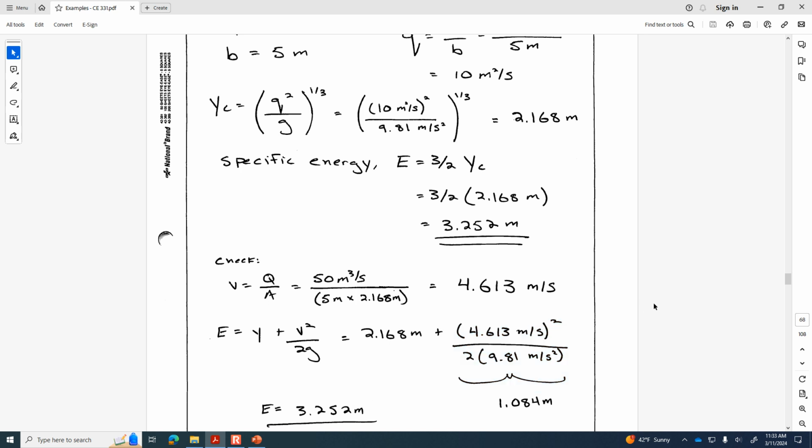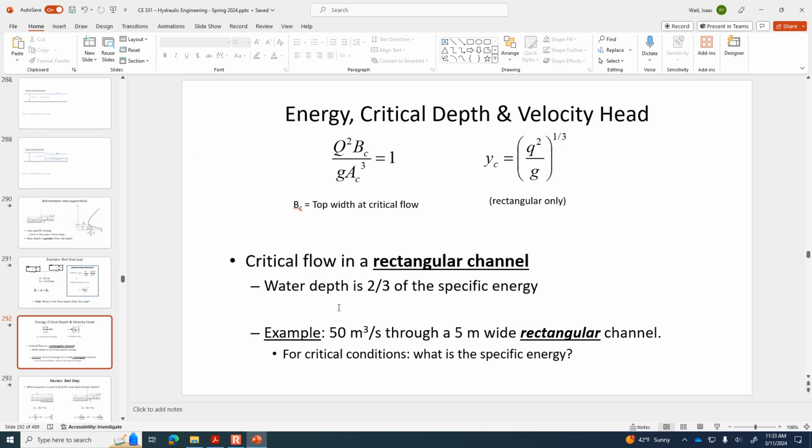So there will be times when it's really easy to calculate the critical depth, but it's harder to know just at a glance what is the velocity head. So this is a nice shortcut. Keep this shortcut in mind if you've got critical conditions and a rectangular channel.